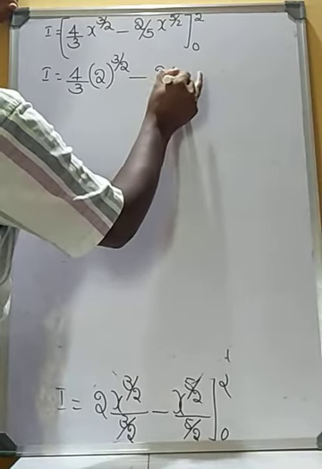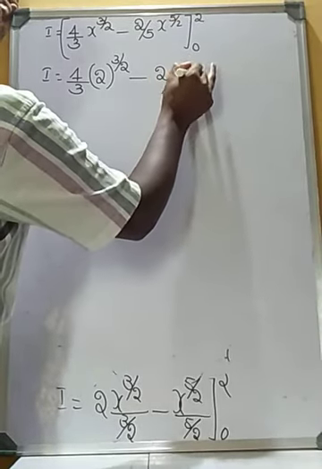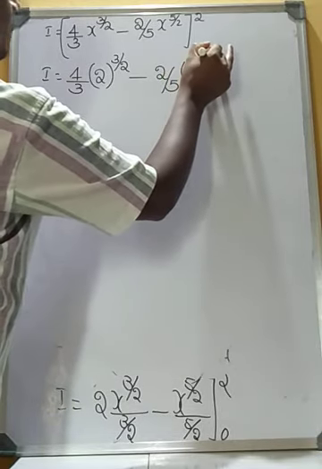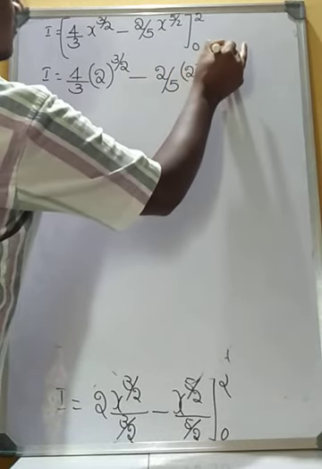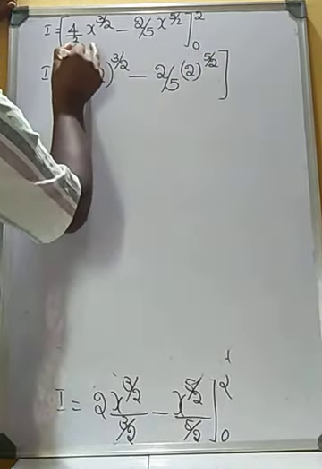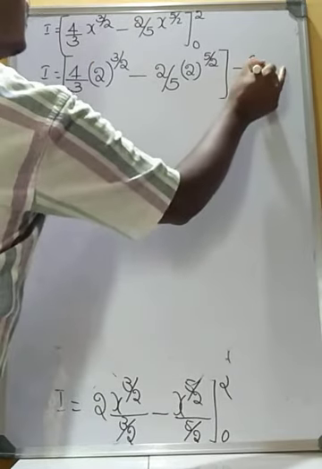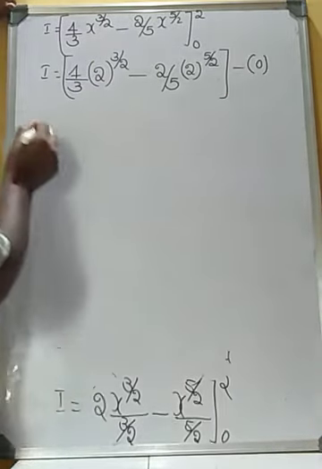Therefore, I is equal to 4 divided by 3, upper limit is 2, so 2 power 3 by 2 minus 2 by 5 into 2 power 5 by 2, minus the lower limit, that is 0.